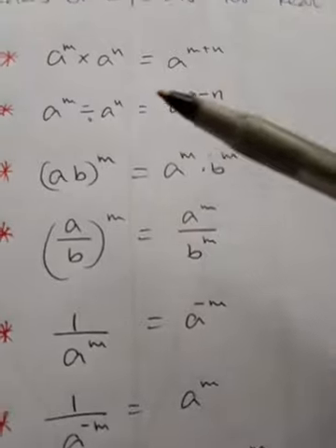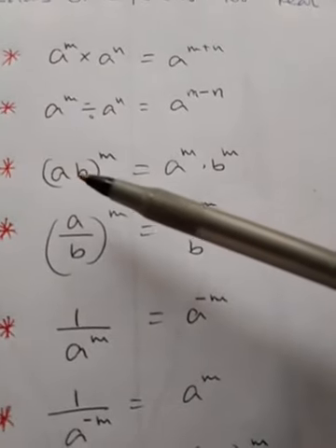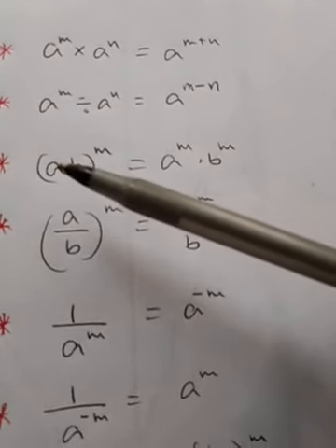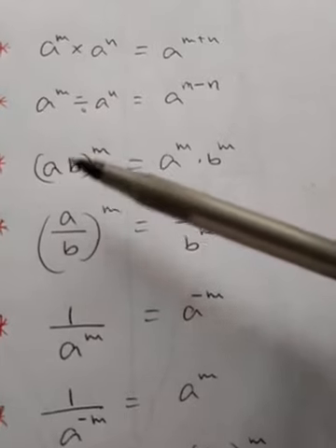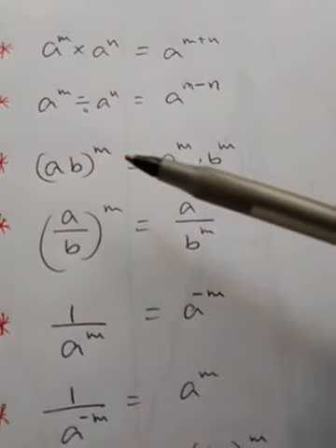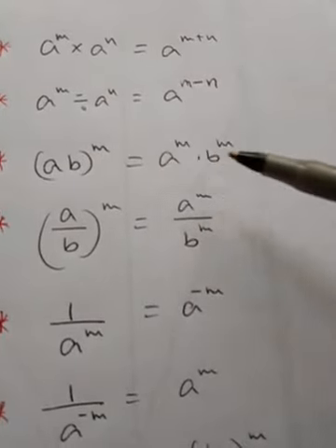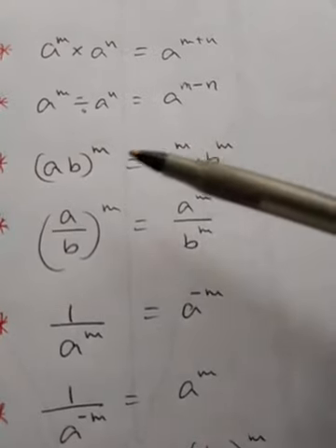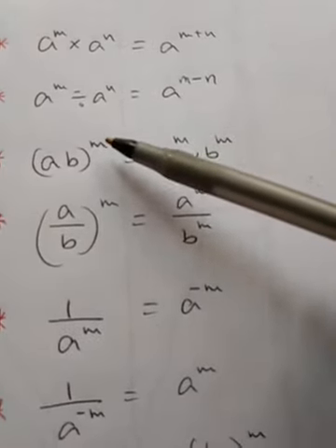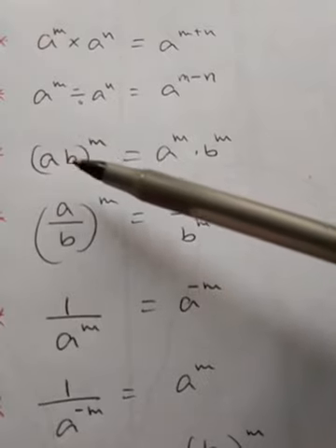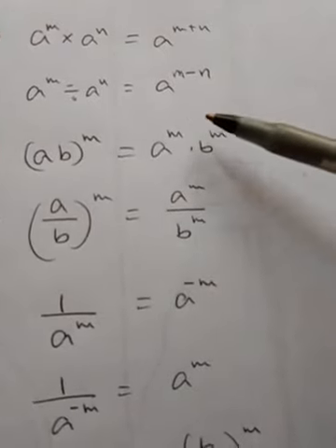So a to the power m divided by a to the power n will be a to the power m minus n. Next, for any two terms, a into b to the power m will become a to the power m into b to the power m. That means this exponent has to be distributed to both terms as an exponent only.